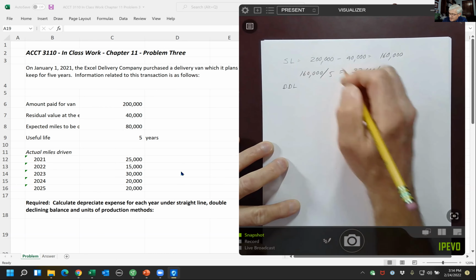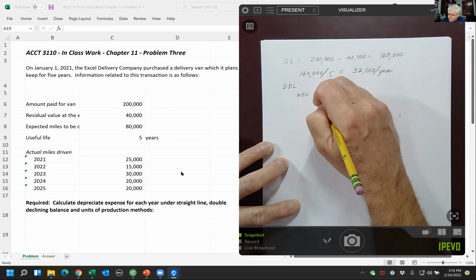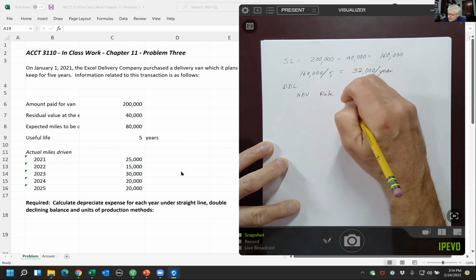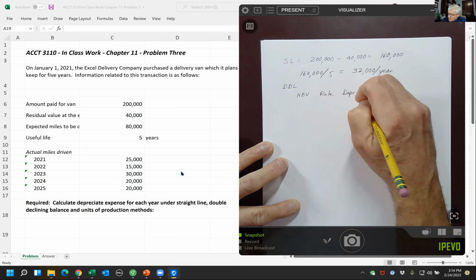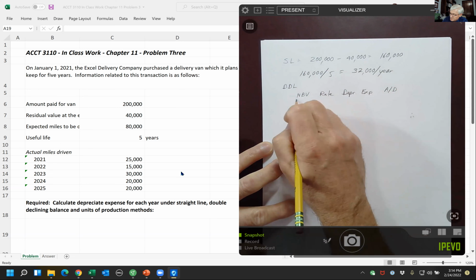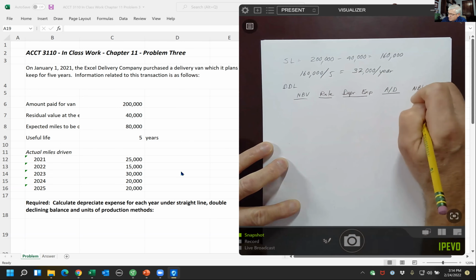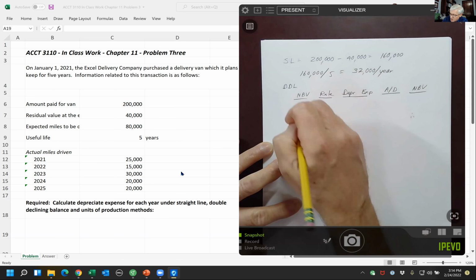Double declining. Let's go back, get our columns in here. Net book value, rate, depreciation expense, accumulated depreciation, end of the year net book value. So we start with 200,000.